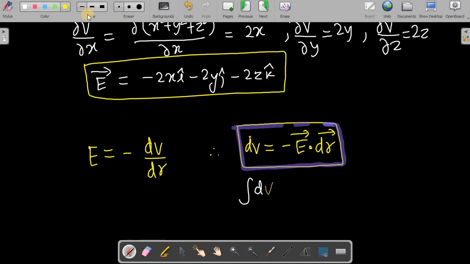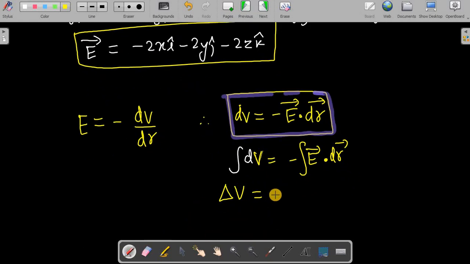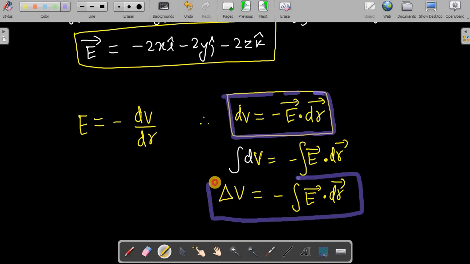So when you are integrating dV, you have to integrate minus E vector dot dr. So that is delta V, the change of potential, written as minus integration E dot dr vector. Here on the right hand side is the dot product of vectors, which is a scalar only.